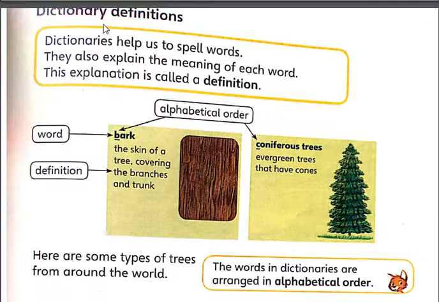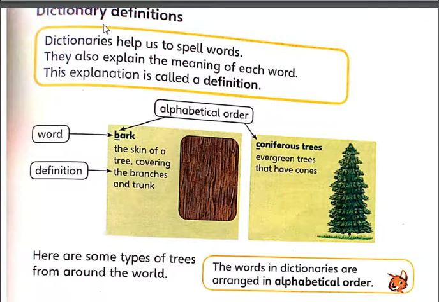Okay, so the books now are rare. I don't think that everybody has a book, but they used to work in a way that is very easy and primitive. You will find all the words, either hard or not hard, in alphabetical order.